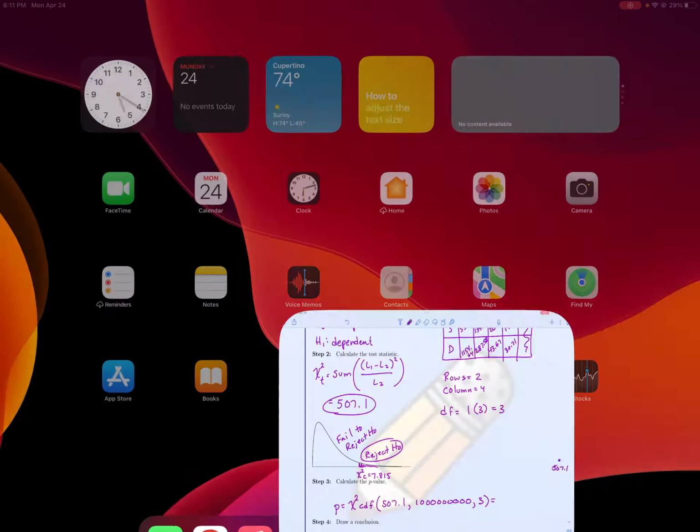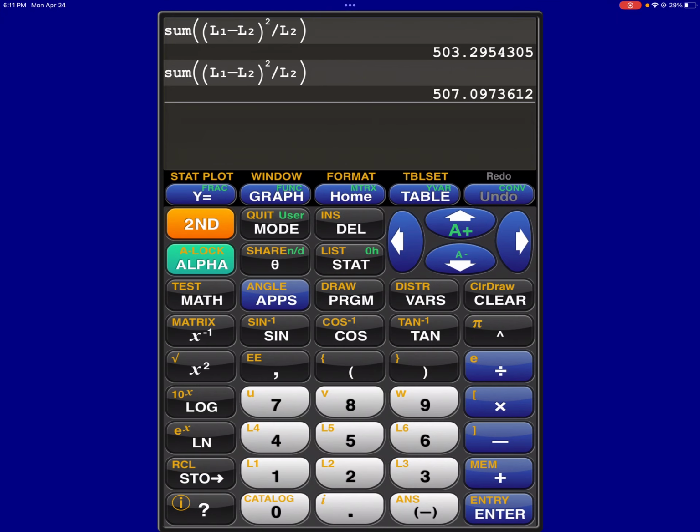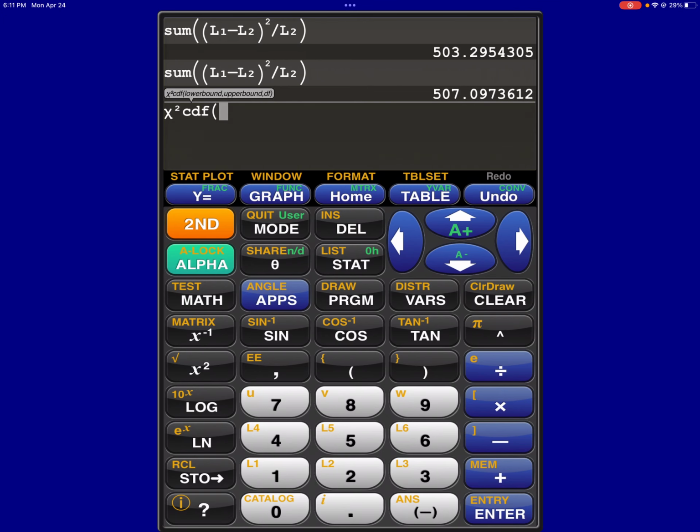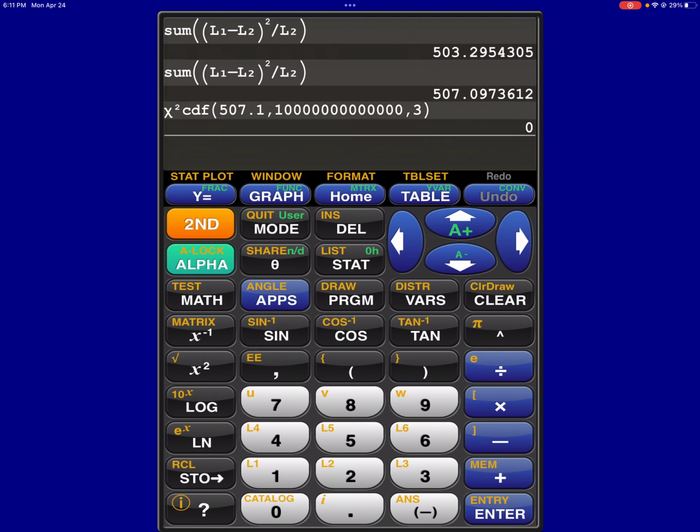And so when we type this in the calculator, so second vars, chi-squared CDF, 507.1, comma, some ridiculously big number, comma, our degrees of freedom. Like, it doesn't even mess around. No scientific notation, nothing. It's just straight 0. The probability of this happening is pretty much impossible.